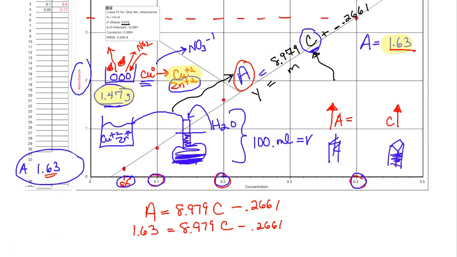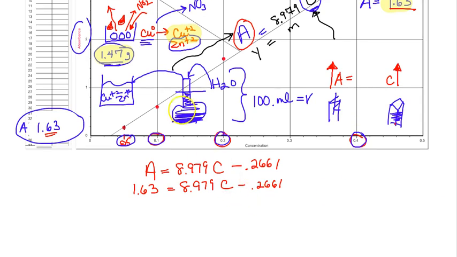So to solve for C using our algebra, all we're going to do is add 0.2661. That gets rid of that. And add 0.2661 to the other side. We put that in our calculators.